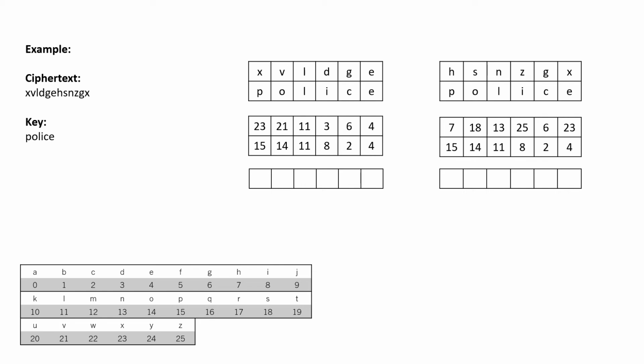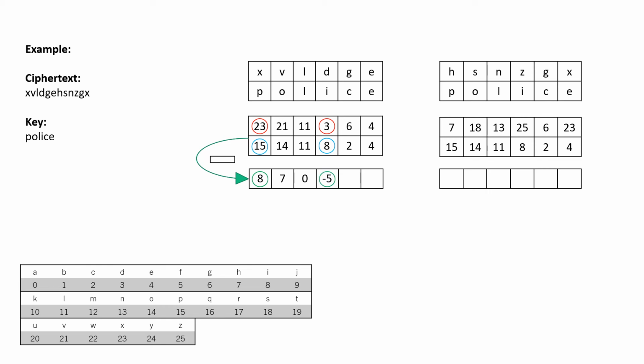And just to complete this section, we ask ourselves, what is 23 minus 15? The answer is simply 8. And same process for 21 and 14, 7, and 11 minus 11 is 0. Now the next cell we have 3, and we are subtracting 8 from it, and that actually gives us a negative value, negative 5.